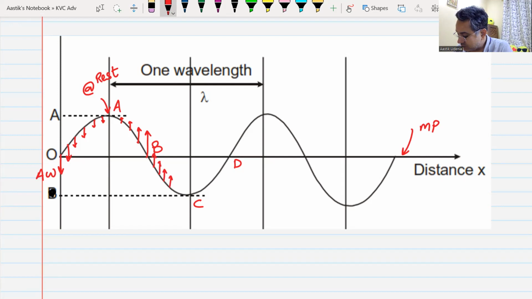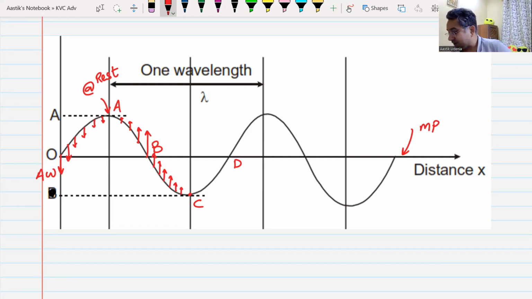Do we understand this? Whereas the particle at C would be at rest, sir. Between C and D, how are the particles moving?